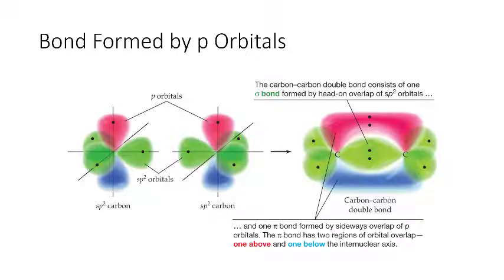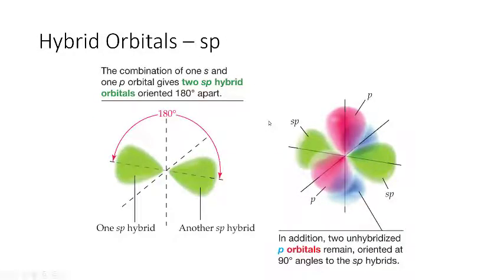Next, let's take a look at sp hybrid orbitals. So sp hybrid orbitals, again, is the combination of one s and one p orbital. And with that sort of formation, you have 2 remaining p orbitals that are present.